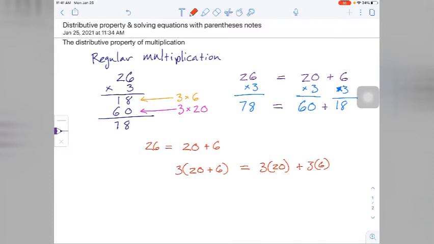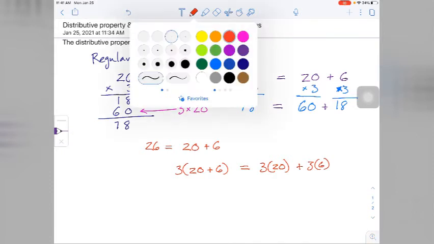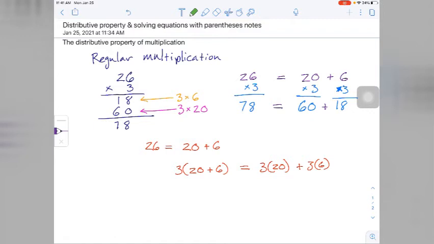And so as a general concept, we write it like this. Any number times two numbers that are being added together is equal to that same number times the first number plus that same number times the second number.